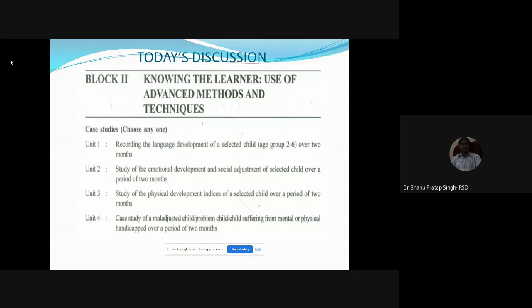Means what indices you have observed, you have to point out and give your observation as a final result. Unit number 4, that is case study 4, is the case study of a maladjusted child or problem child or child suffering from mental or physical handicap over a period of 2 months.